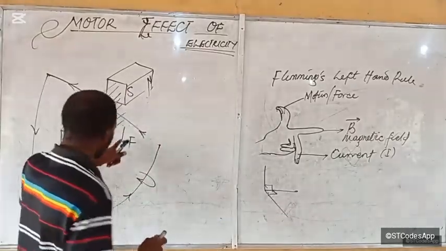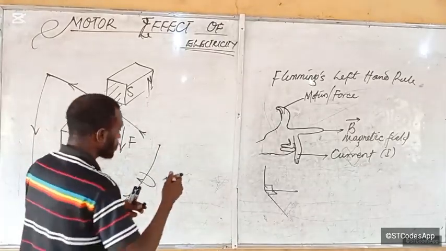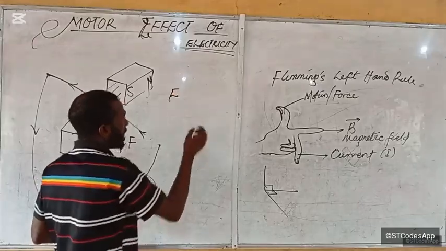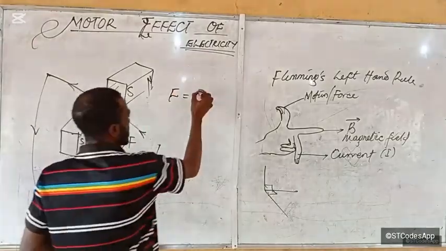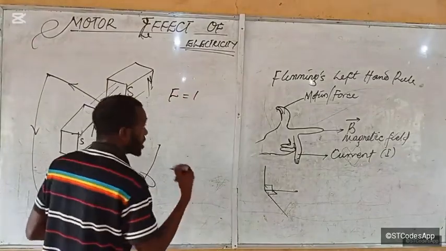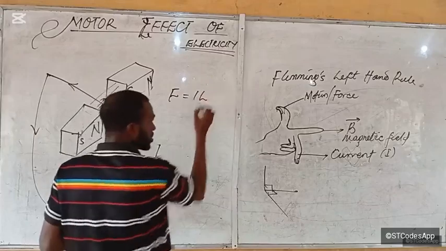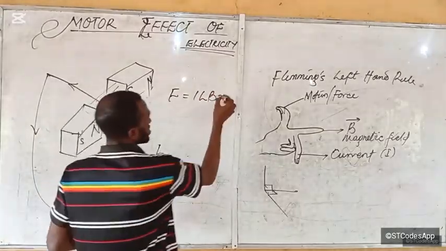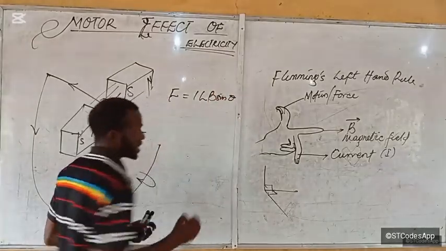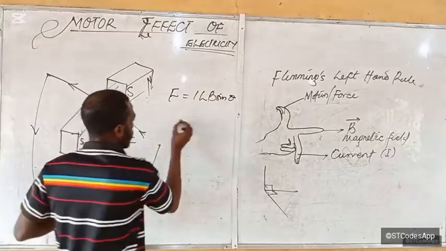The force that is felt downwards on that wire is equal to the product of the current in the wire, the length of the wire, and the magnetic field, sine theta: F = BIL sin θ. Now there is an angle because of this reason.